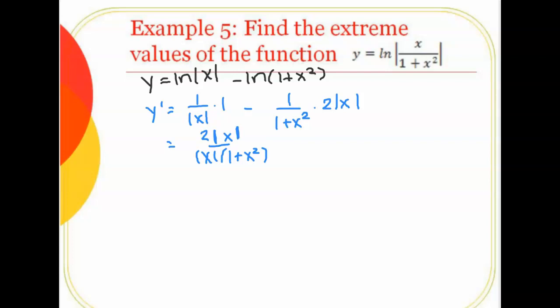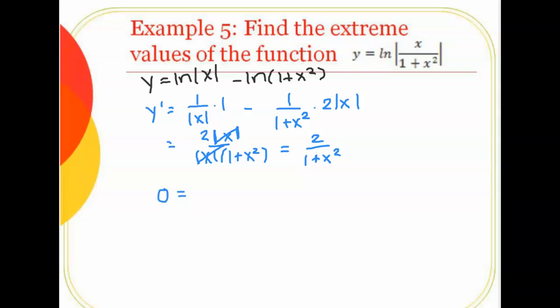And what we'll notice is we have absolute value of x over absolute value of x, so those end up canceling. And we get 2 over 1 plus x squared. And I don't have to worry about an absolute value on the denominator because anything squared will be positive. So I don't have to be so concerned in this case. So my derivative looks like this.